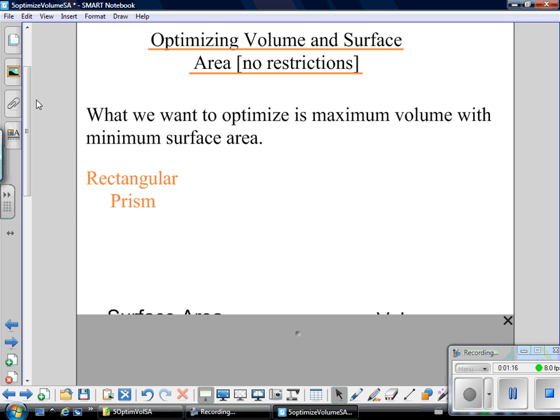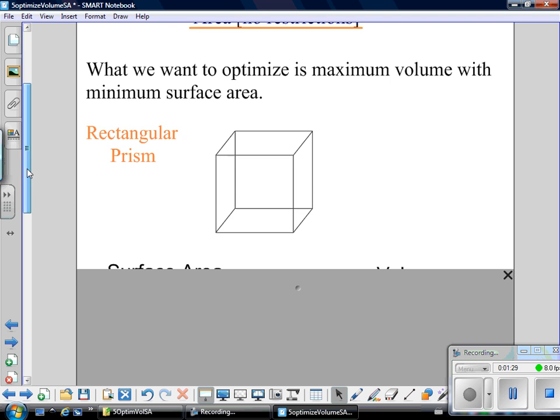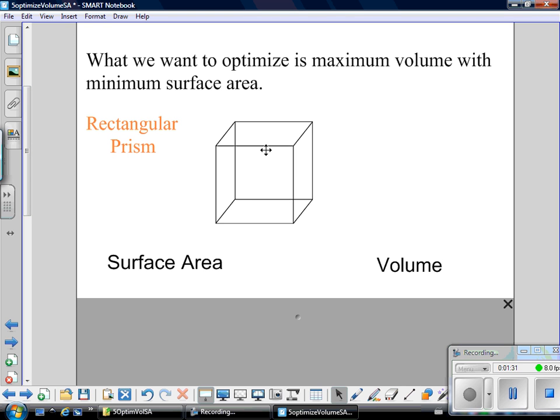However, you're going to find that for the most part, when we talk about optimization of volume and surface area, we want to talk about a rectangular prism because of the packaging. When we're talking about a rectangular prism, the best shape is a cube. So the cube is the ideal shape.